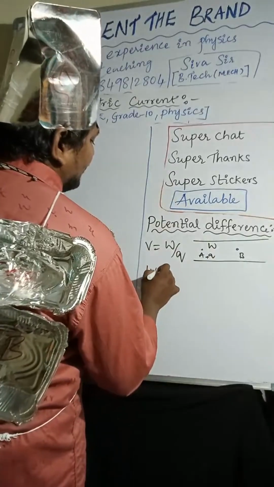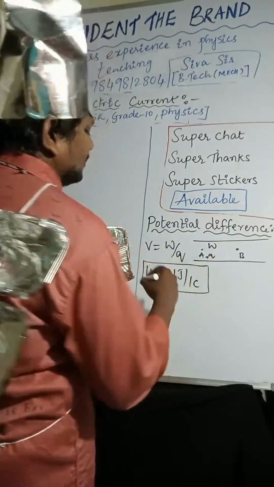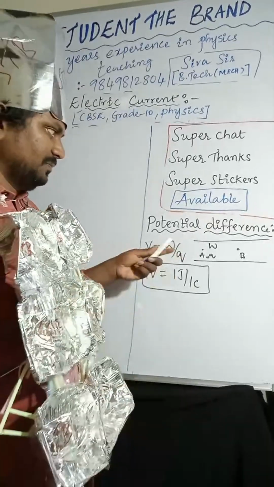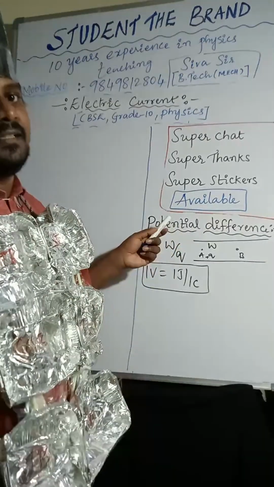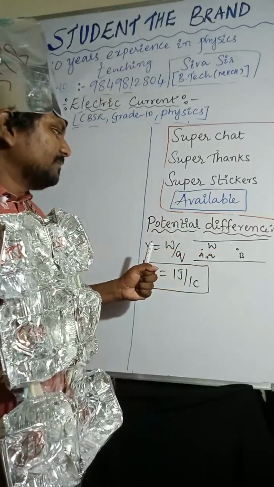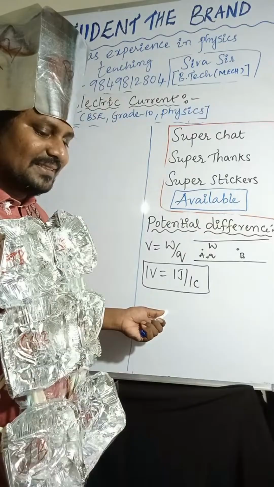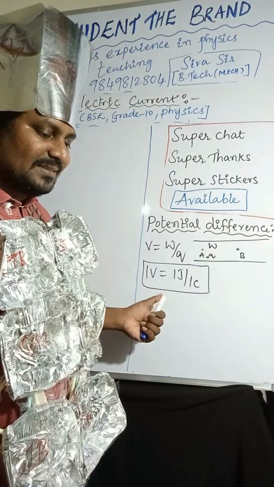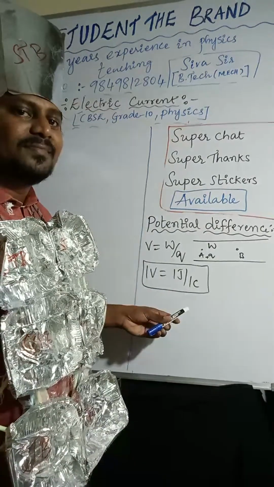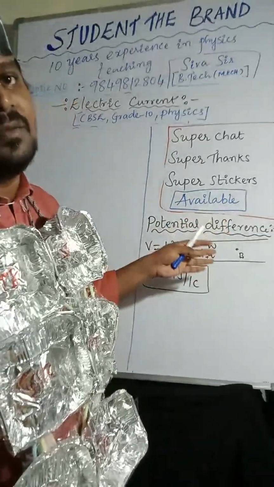So 1 volt is equal to 1 joule by 1 coulomb. Potential difference is nothing but work done to bring unit positive charge from one point to another point within the conductor is called potential difference.